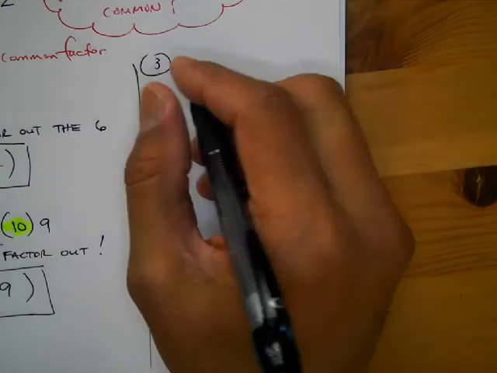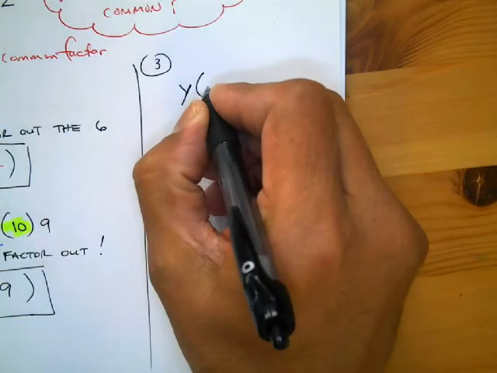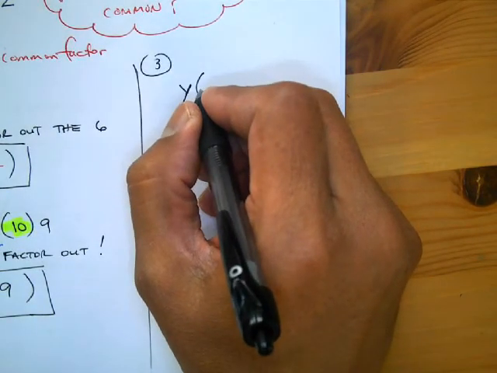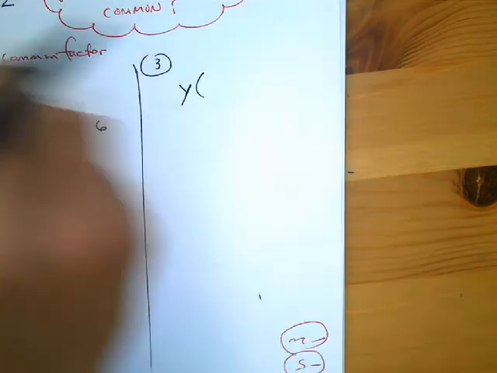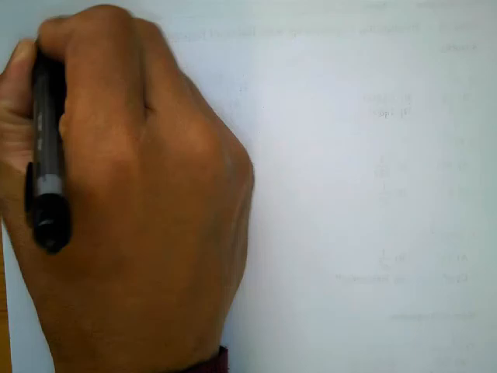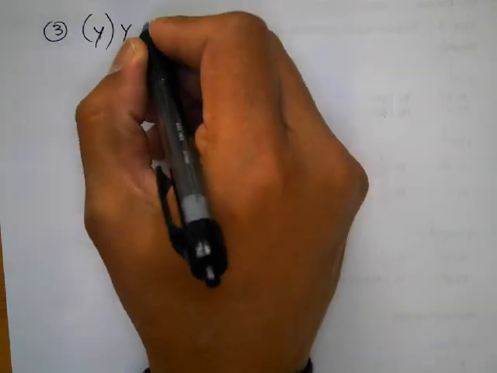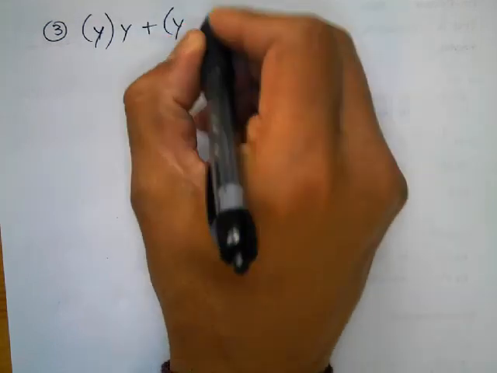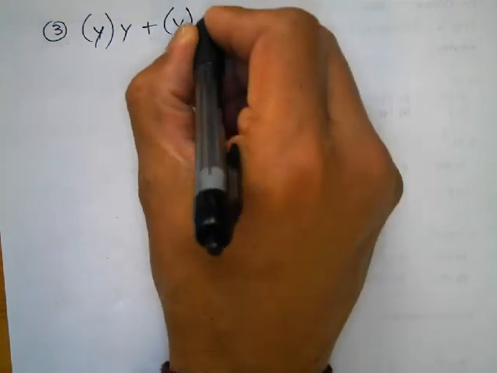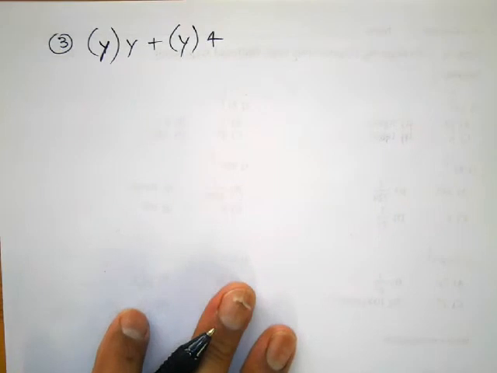Numbers can be factored out and seen in common. Now what you're going to see here for number 3 is variables. Variables can also be common factors. Let me do it over here. y times y plus y times 4.